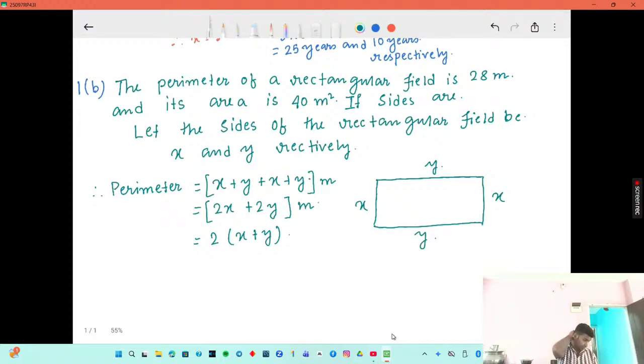Okay, so the value of the perimeter in this question is given as 28. Therefore 2 bracket x plus y is equal to 28. Is it clear to you? So as the perimeter of the rectangle is given as 28, the value of 2 bracket x plus y is 28.